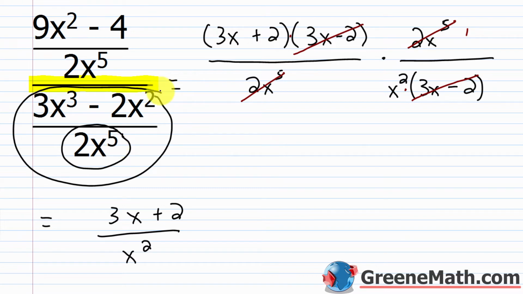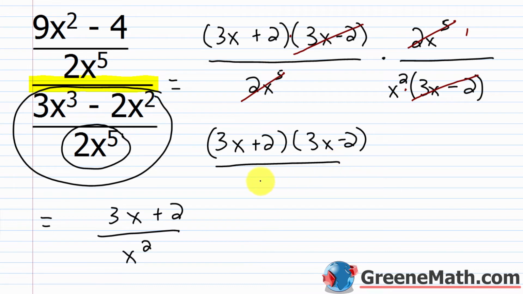And just one more thing before I get to the next problem. Again, when you see your main division, if you're uncomfortable setting it up like this, go ahead and take this guy and say, okay, I have 3x plus 2 times 3x minus 2 over 2x to the 5th power. Take your main division and put a division symbol out there. Keep this as it is.